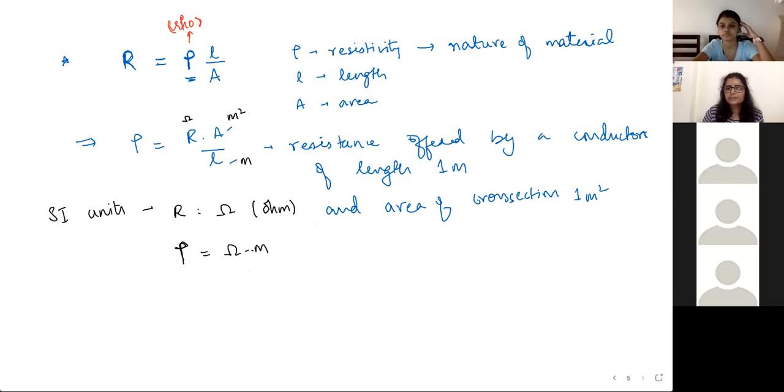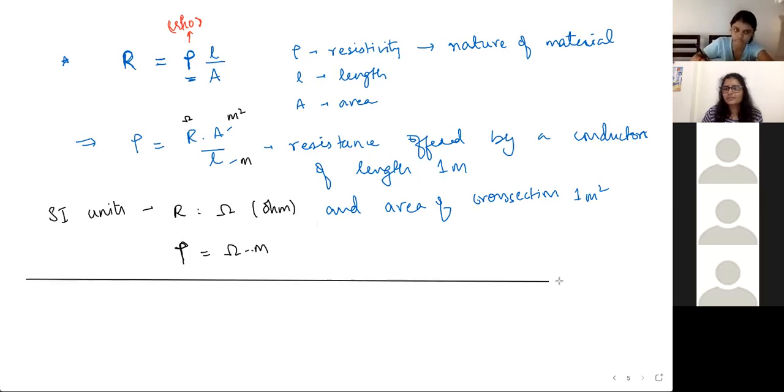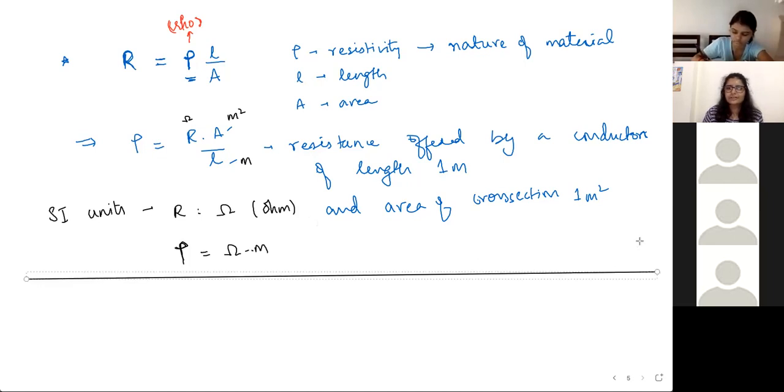Anyway, so this is all about resistance. Now, if you look at its counterpart, resistance is resisting the flow of current, it's opposing the flow of current. So when we talk about conductance or conductivity, they are literally the flow of current.